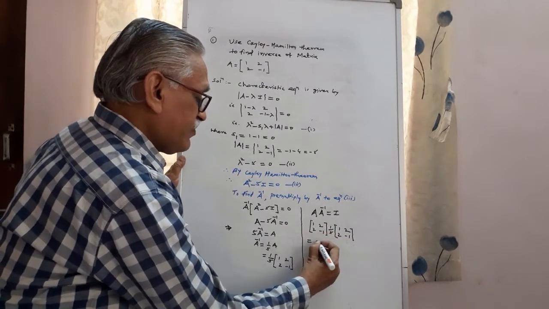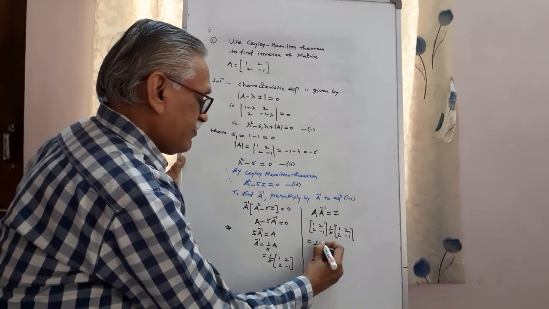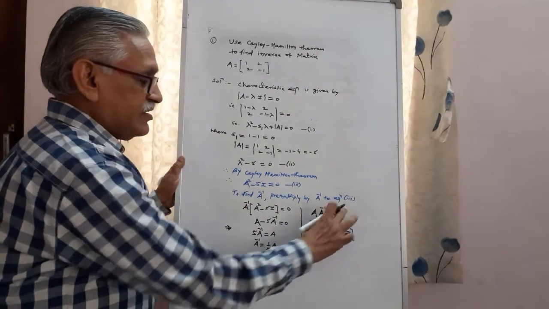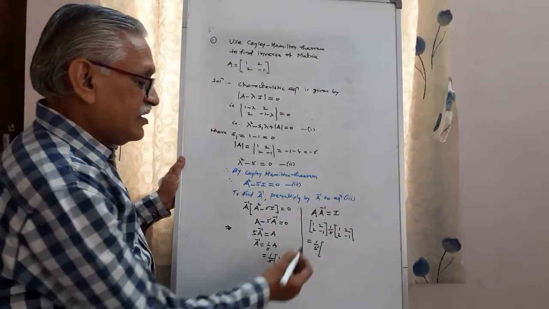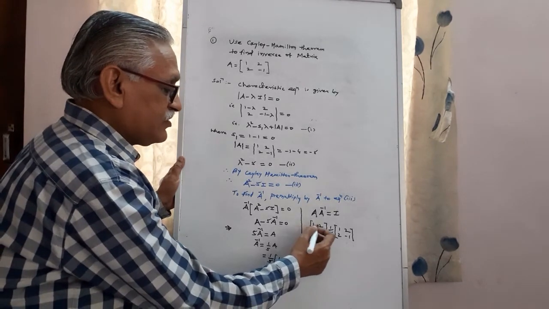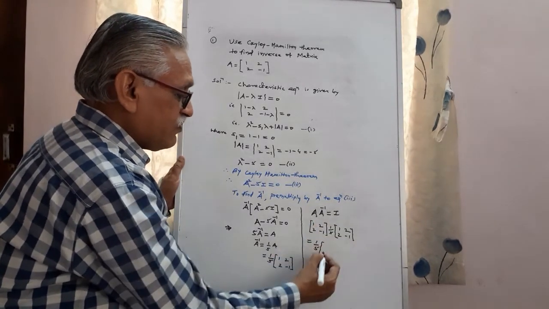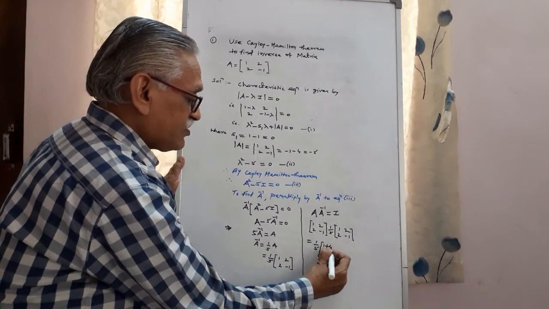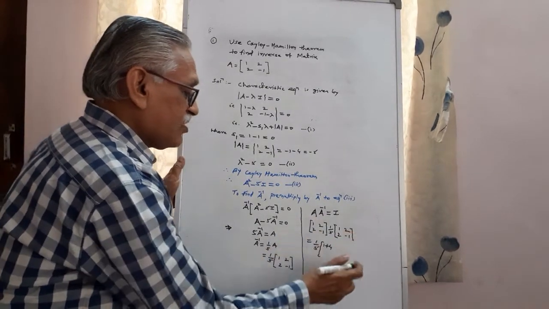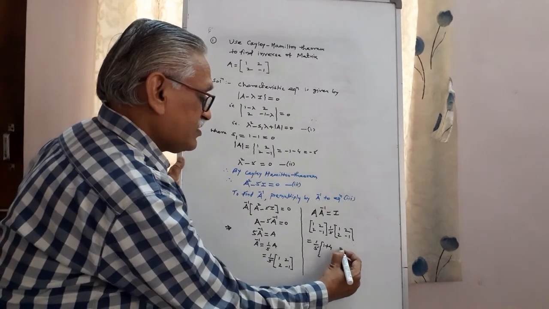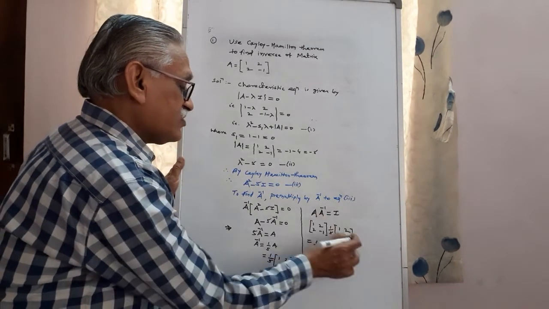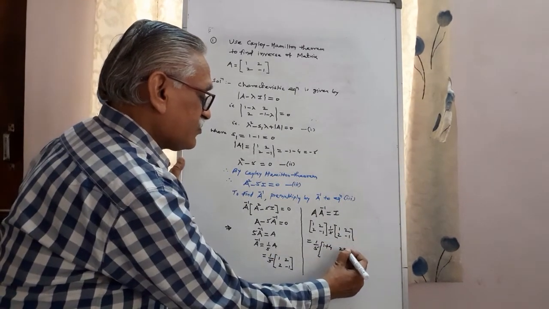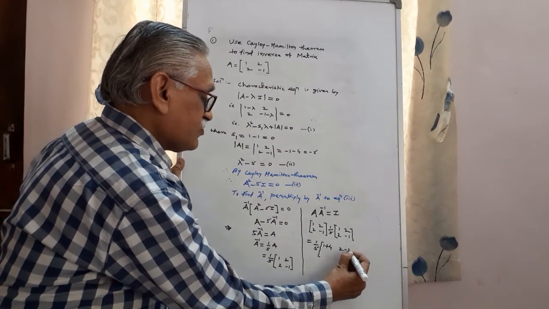I will take the 1 by 5 outside and then perform matrix multiplication. Multiplying this row by this column, 1 into 1 is 1, 2 twos are 4, so the first element; then this row by this column, 2 ones are 2 and 2 times minus 1 is minus 2.